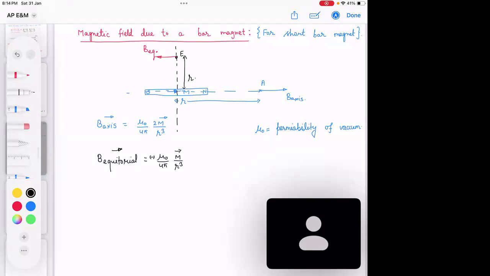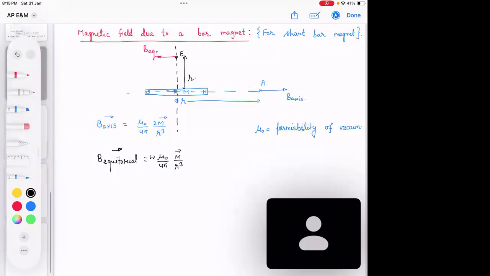Because on the equatorial point, the direction of the magnetic field is opposite of the dipole direction. Clear? So this is the magnetic field on the axial point and equatorial point.